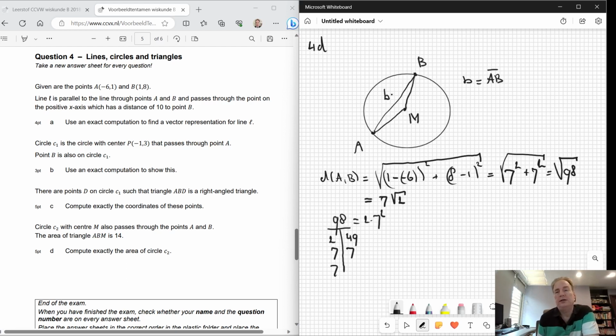So now we know the base, and we also know the area of the triangle is 14. So let me erase this. Area equals 14. So 1/2 times this 7 square root of 2 times the height has to be 14.